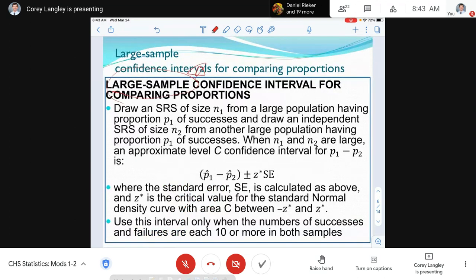we want to be substantial with our sample sizes. We know that this isn't a t-distribution, that you can get away with smaller samples, but it's really not that bad. The rule of thumb is that we want at least 10 successes and 10 failures in both samples. So you see our ratio right there.